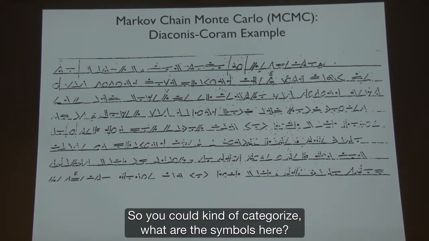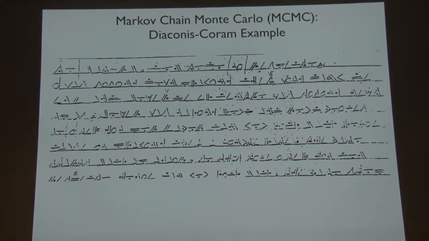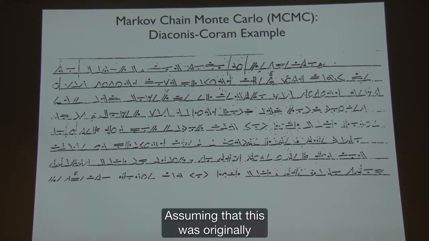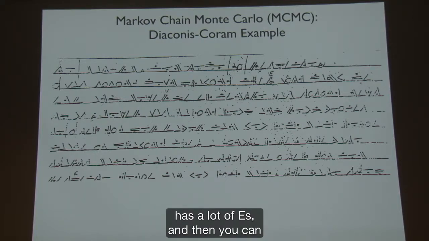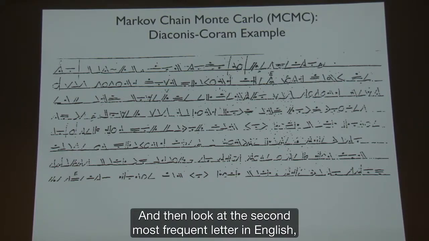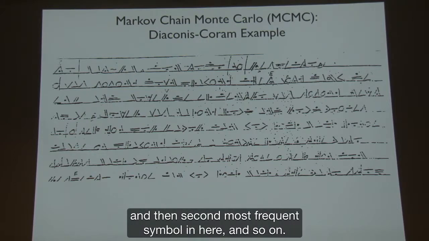So you could categorize what the symbols are, assuming this was originally written in English or maybe Spanish, which also has a lot of E's, and look for which symbol appears the most and guess that that's an E, and then look at the second most frequent letter in English, and the second most frequent symbol in here, and so on.